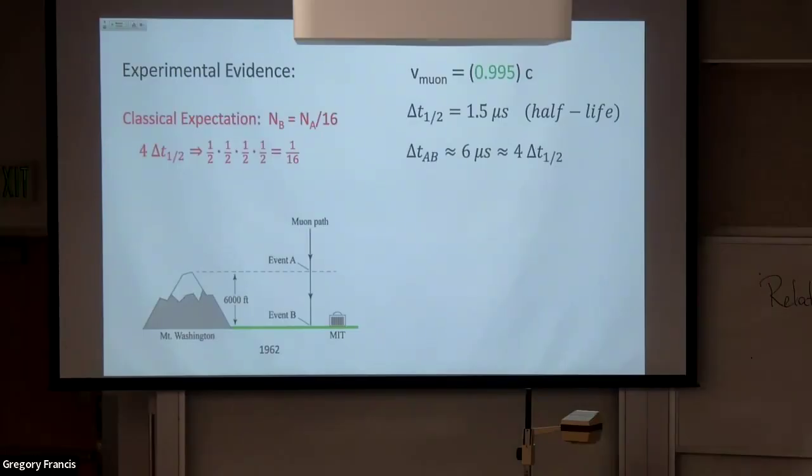If I measure how many muons I detected each second at A, I should get a number that's 1/16 when they get to B, if I discount relativity, if Einstein was just a kook, okay? But what we measure at B is something bigger than a half. It's not 1/16.